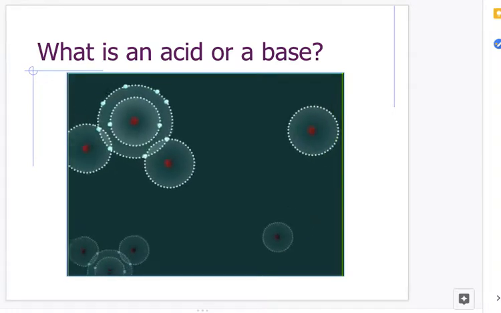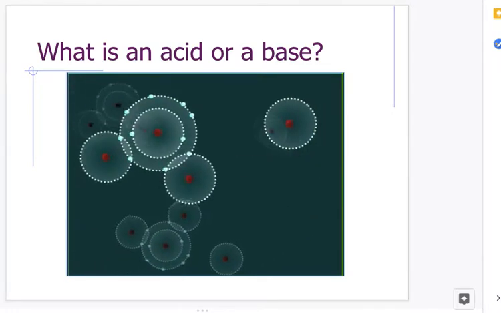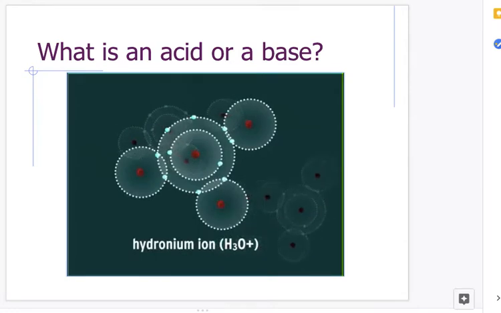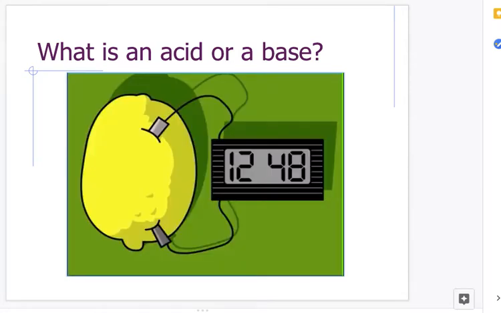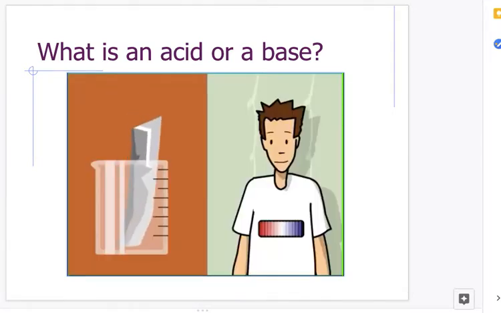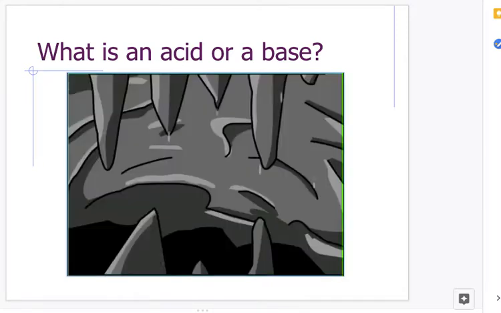When those hydrogen atoms combine with water molecules, hydronium ions form. Acid solutions can conduct electricity since they contain these ions. Some acids can even eat away at metal. And those cool stalactites and stalagmites in caves are formed by carbonic acid dissolving the minerals in the rock.